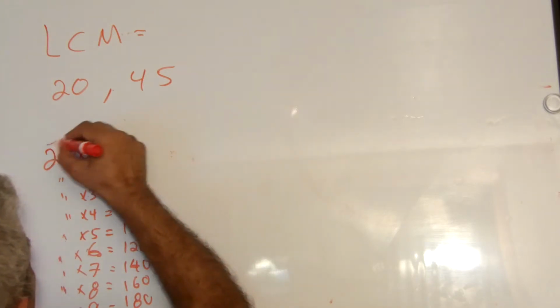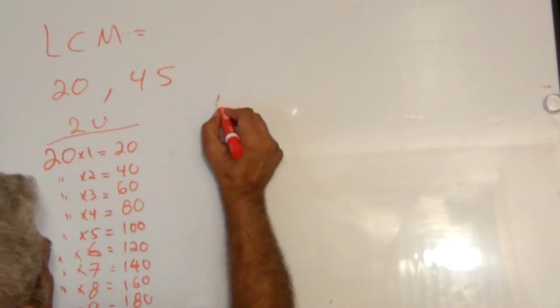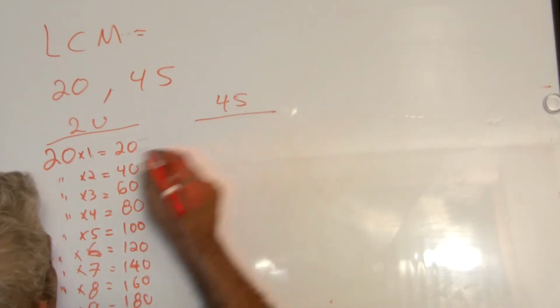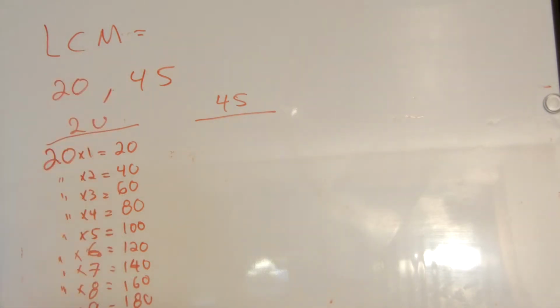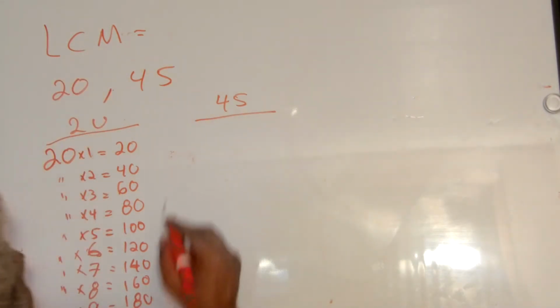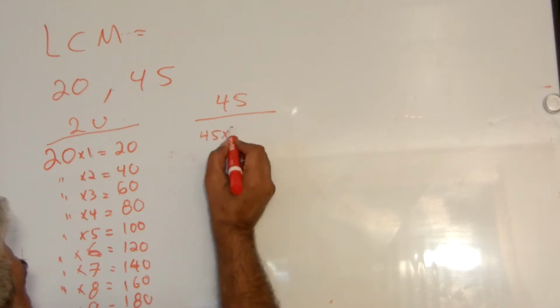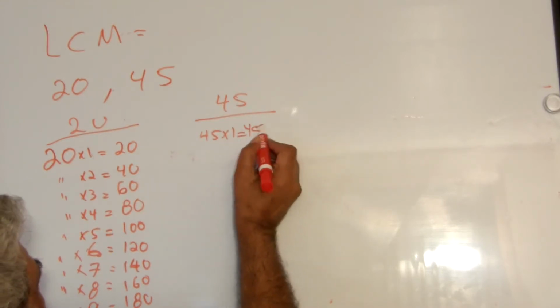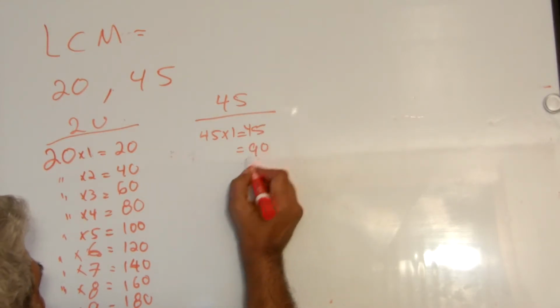This is for 20, and this is for 45. We find the least common multiple. 45 times 1 is 45. Times 2, 90.